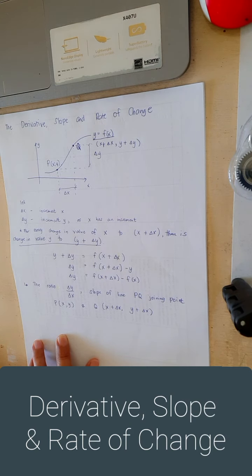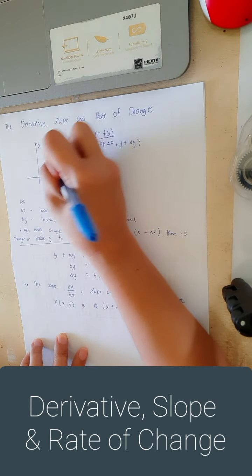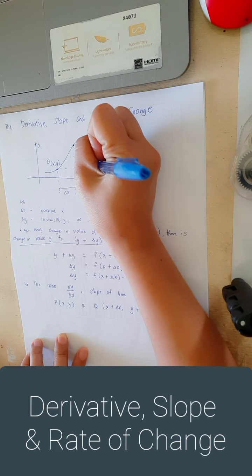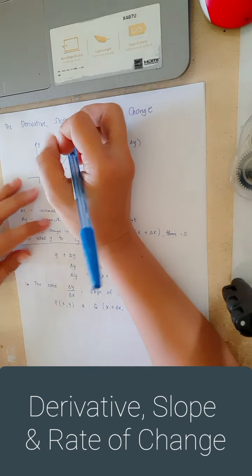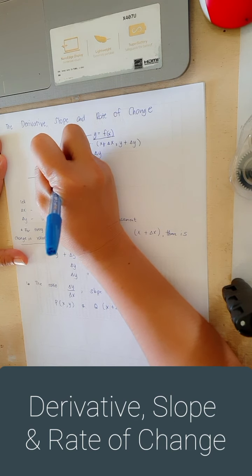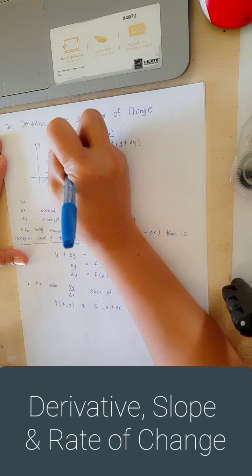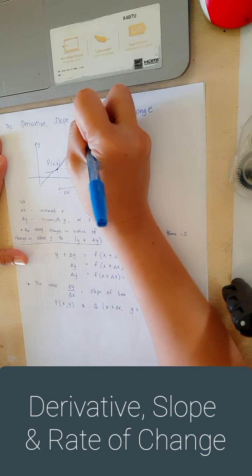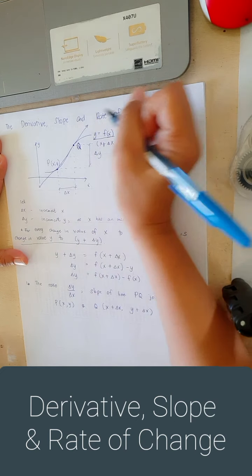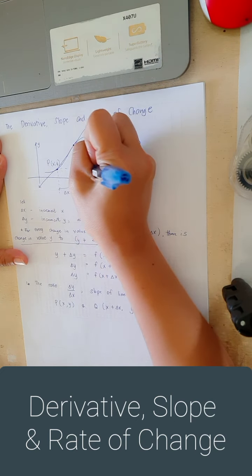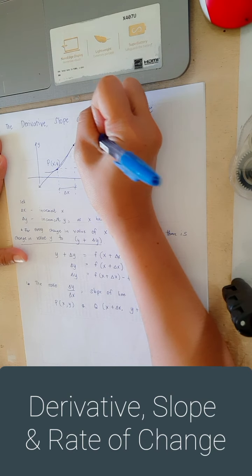Am I right? If you get this ratio, this is rise over run. If you are going to draw a line, this ratio will now be the slope of this line.